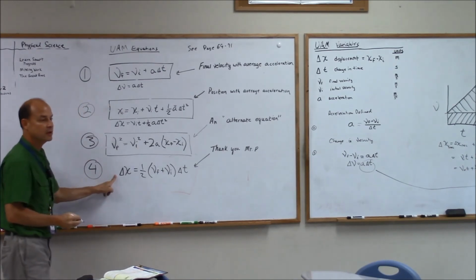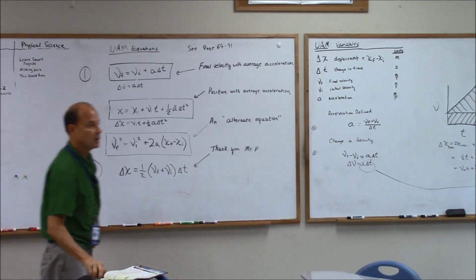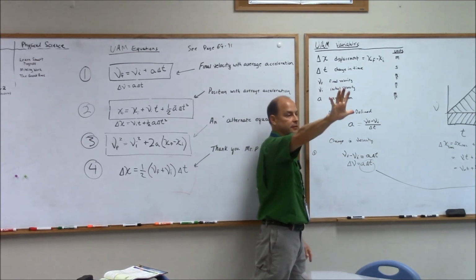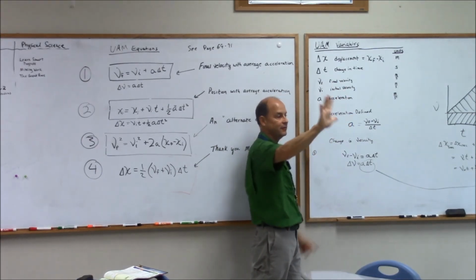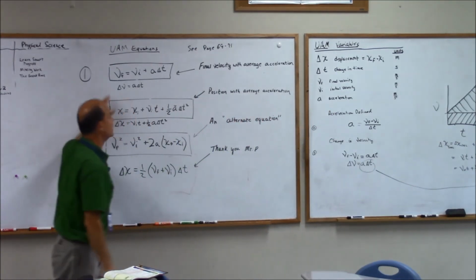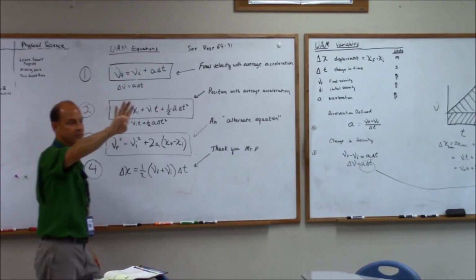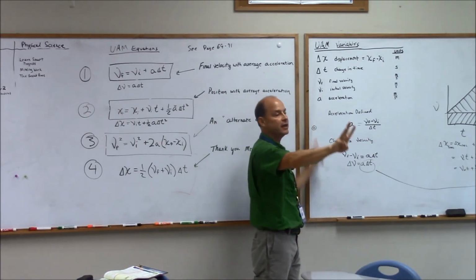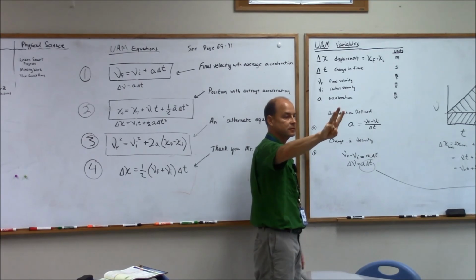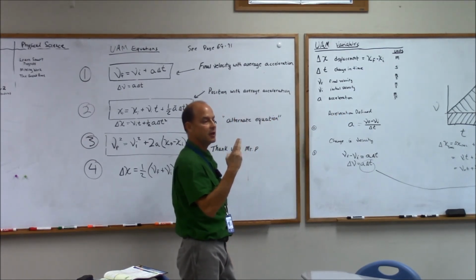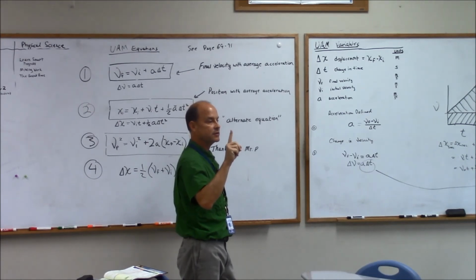This fourth one is thank you, Mr. P. How many variables do we have? 5. How many equations do we have? 4. It turns out if you know any 3 of these variables, you can solve for the other 2 and make one happy physics student.